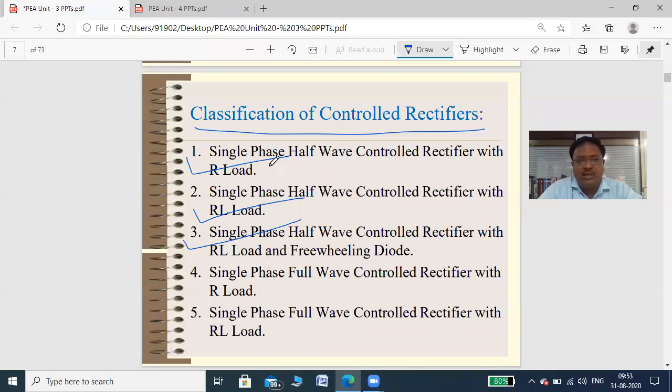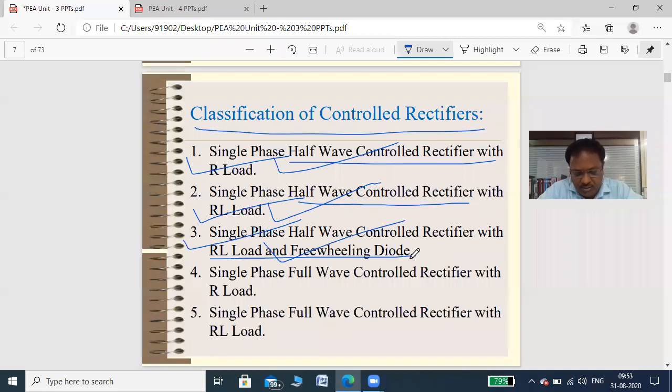So these use the same circuit in which we use R load, then RL load, then RL load with a freewheeling diode. The first circuit is one SCR and one resistor, the second is one SCR with resistor and inductor, and the third is resistor, inductor plus freewheeling diode.